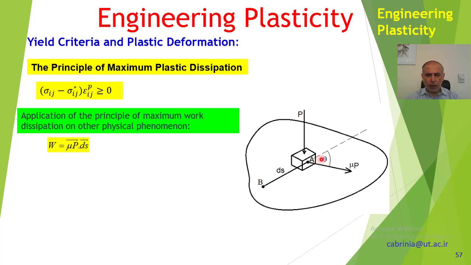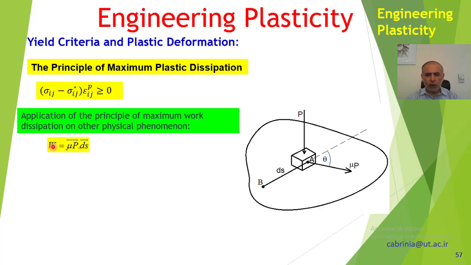Now, here we are moving the block along this direction, so we want to move the block from A to B, and there is a pressure on the block, and we are just assuming that the friction is mu p in this direction, which makes angle theta with that direction. Of course, we know that this mu p must be in this direction, but for the sake of argument, we assume that it's in this direction, and that's theta.